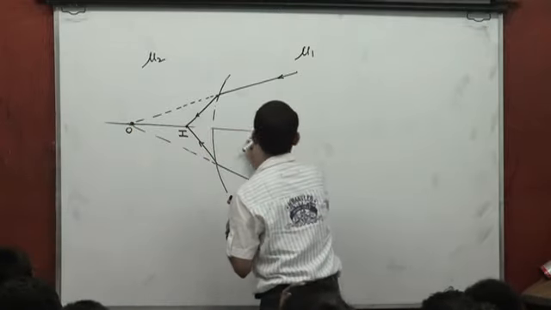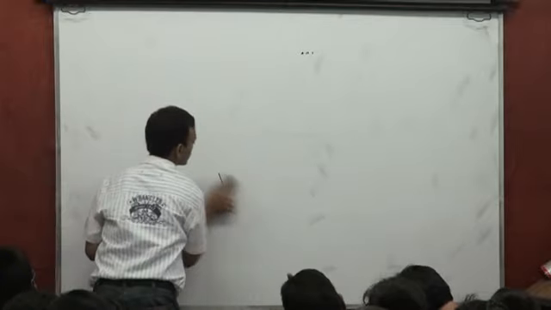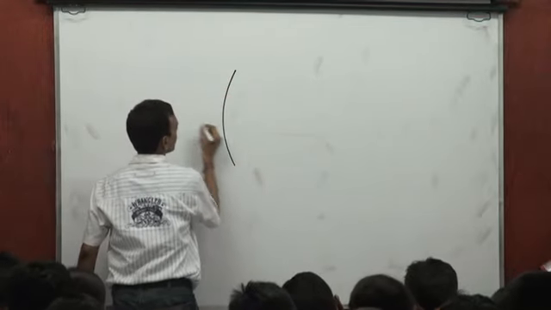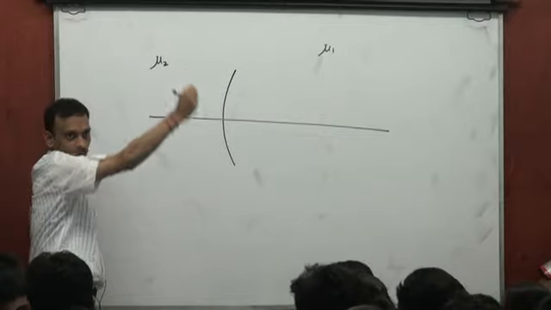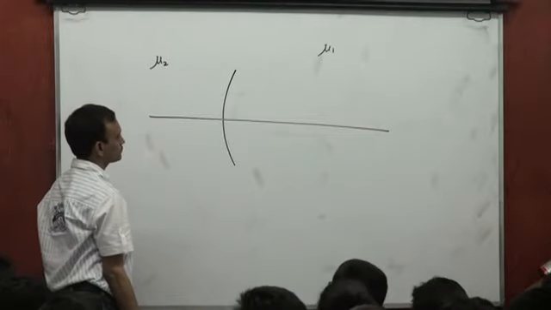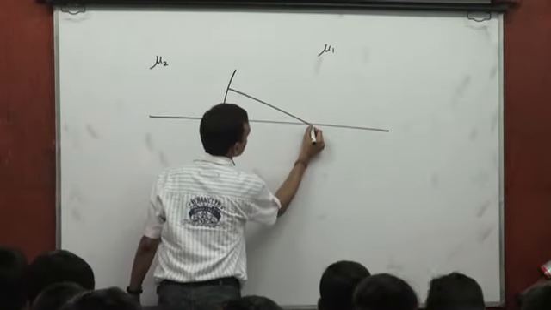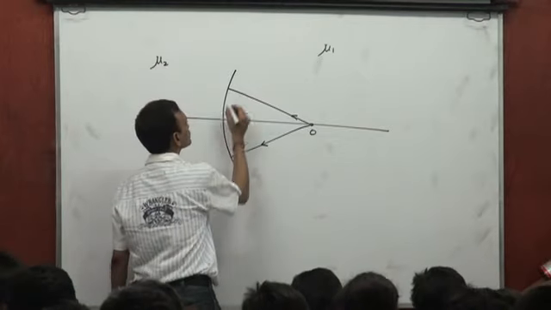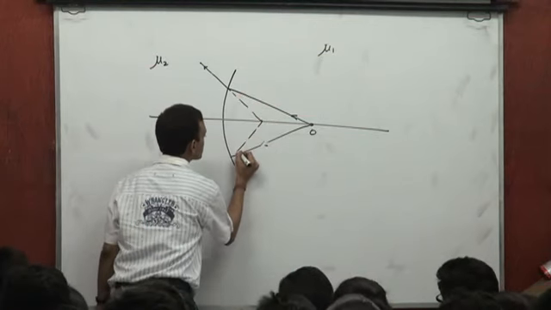You could have also had an object O. After refraction, this is what happens.